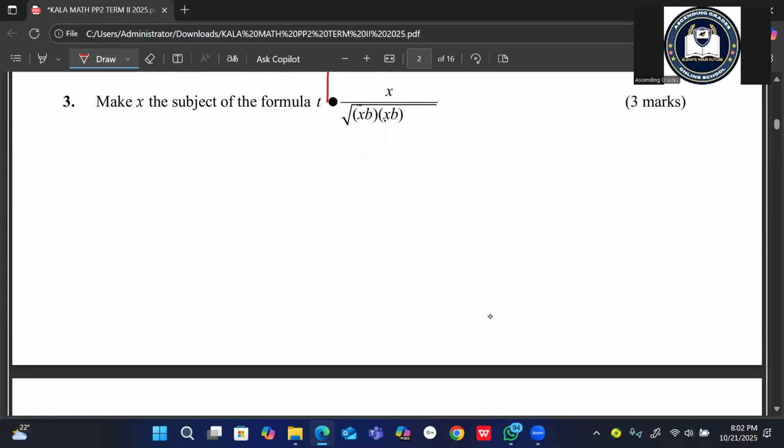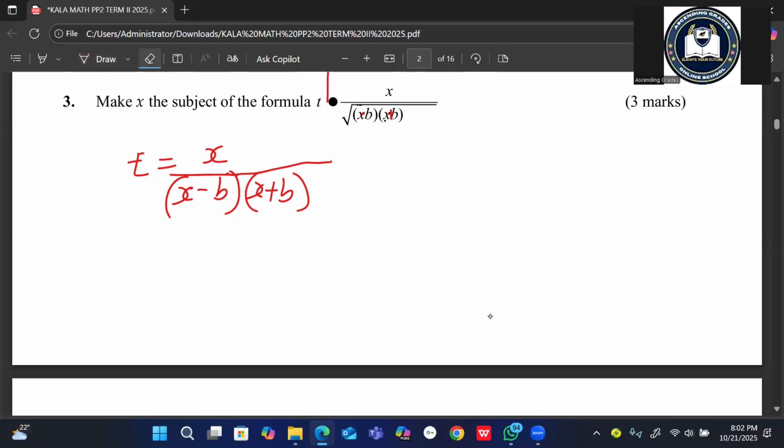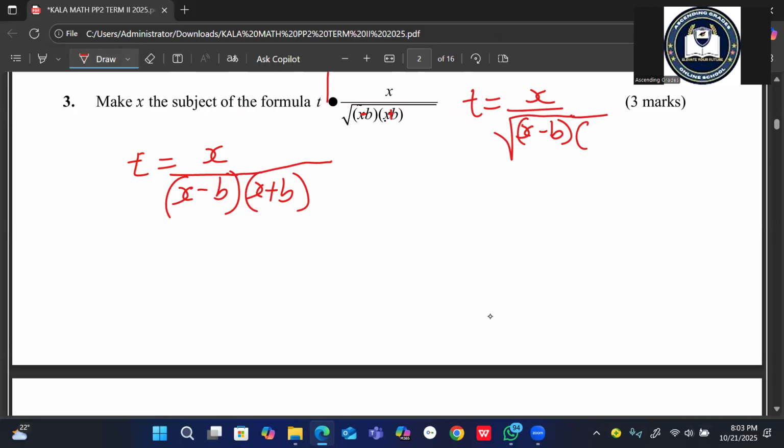So the question itself was t is equal to x out of square root of x minus b multiplied by x plus b.